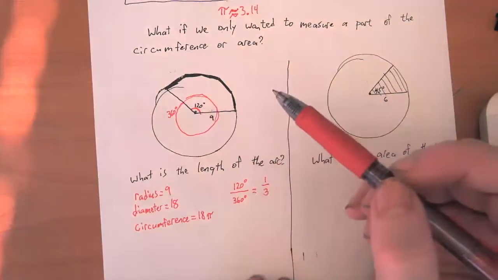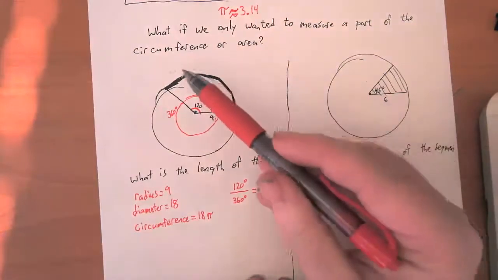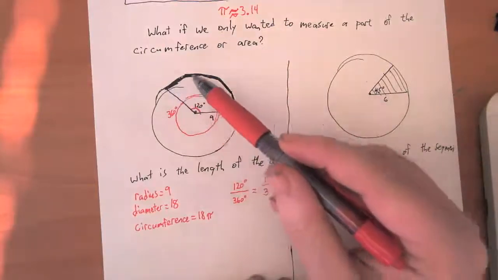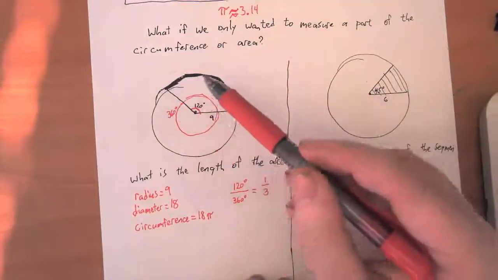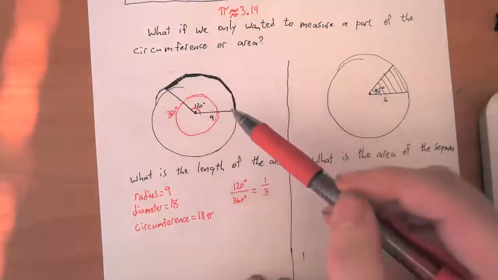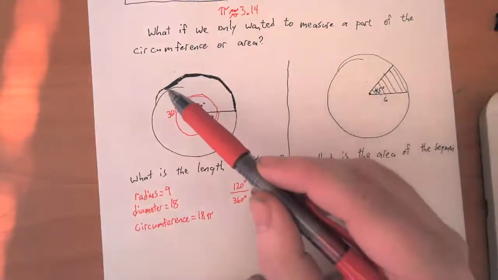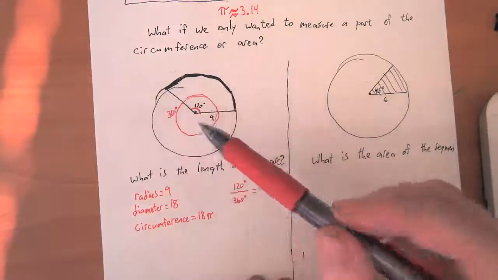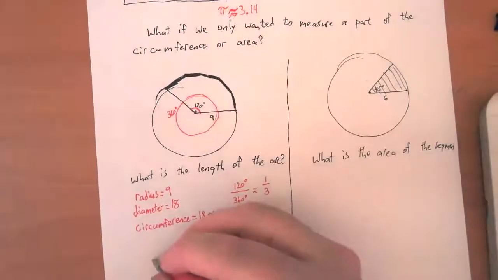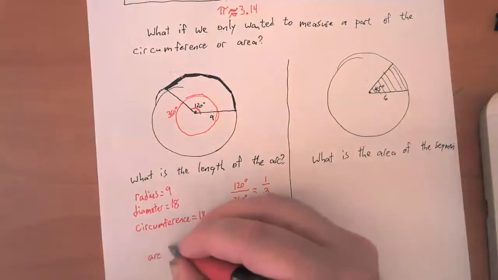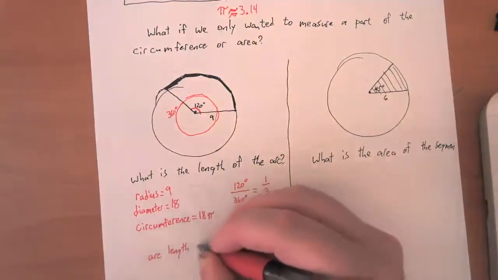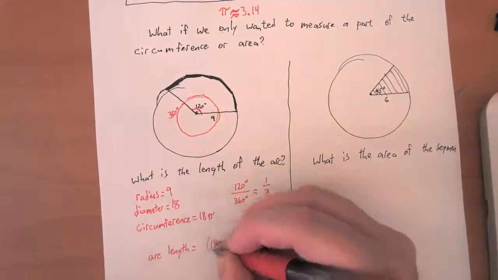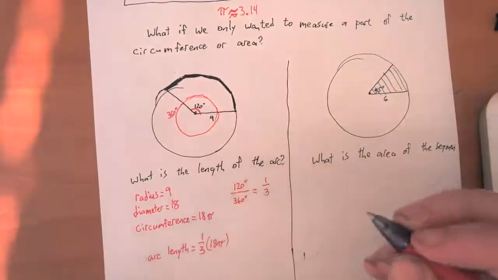And because of that, can you think about the relationship between the entire circumference of the circle and the length of the arc we're trying to measure? Well, it's going to be the same relationship, that this length is going to be 1/3 of all the way around the circle. So the arc length, I'm going to take 18 pi and I'm going to multiply that by 1/3.